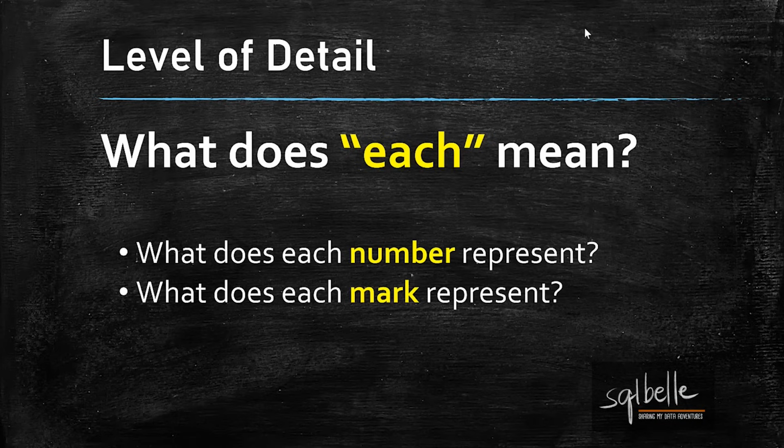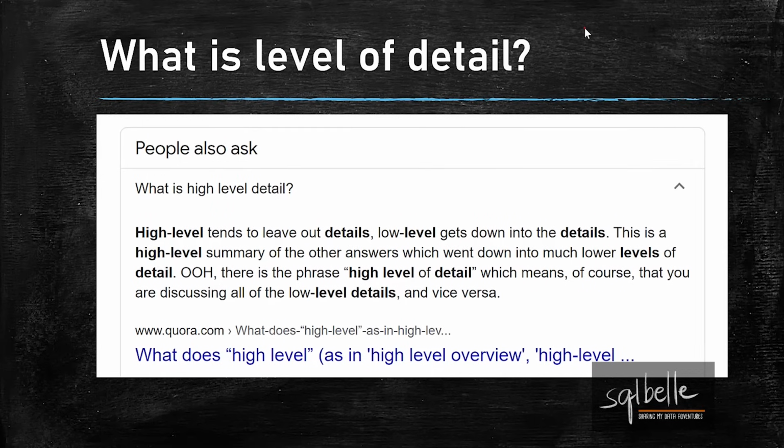What do they mean? This is another definition I found for level of detail, and it makes me realize that we actually use this term in our conversations. We could be talking to coworkers, and sometimes we just want them to give us a high-level overview, or in some cases, we don't want just a high-level summary, we want all the details.